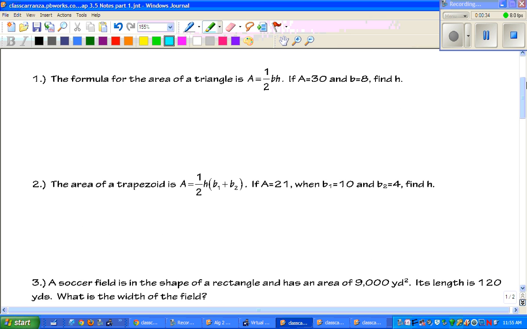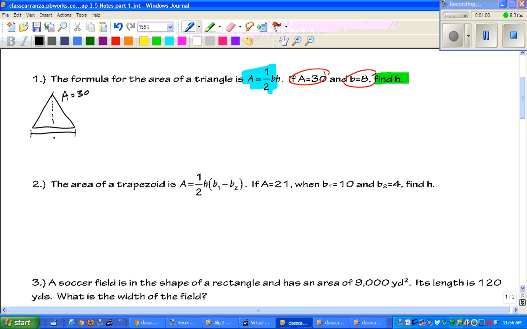Number 1 says the formula for the area of a triangle is 1/2 base times height. Area is 30, base is 8. We need to find the h. So pretty much what this is saying, here's our triangle. We know that the area equals 30.